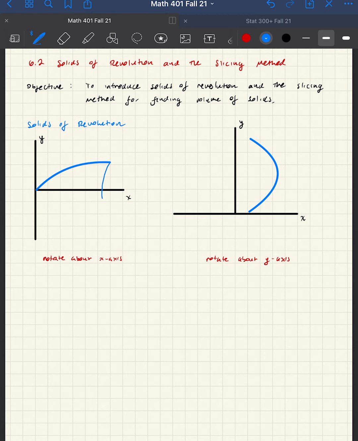So what that might look like is you take this point on the curve and you rotate it about the axis, and then you would take the next one over and also rotate it.